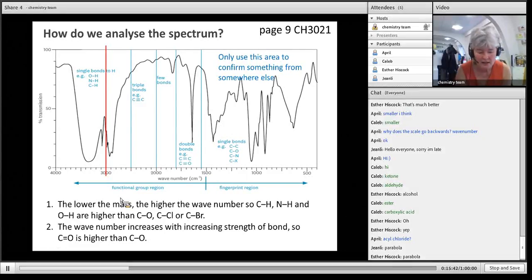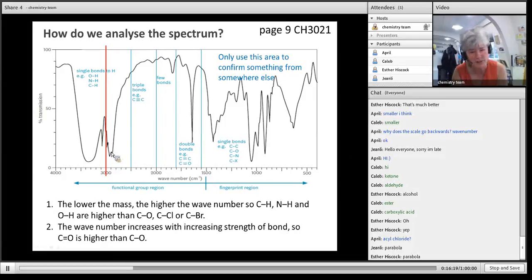Because you can just look at a spectrum and say what's there and what's not there, but you can sometimes miss things. So the way I wrote the booklet and the way I'm going to do it here is follow a pattern, and then you won't miss any detail. So the first thing you look for is the 3000 mark, because just below the 3000, round about 2900, because if you think that's 2000, that'll be 2500, 600, 700, 800, 900.